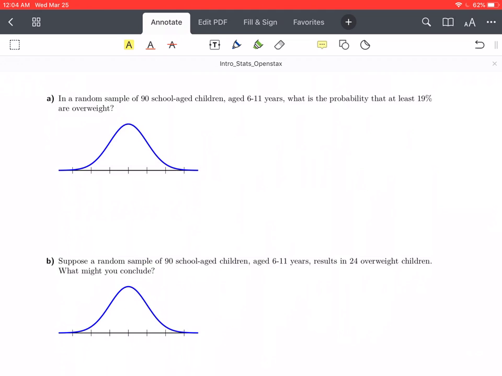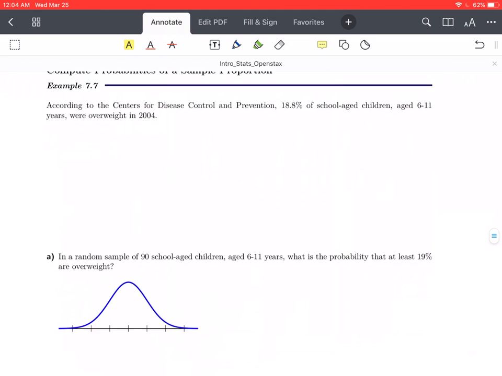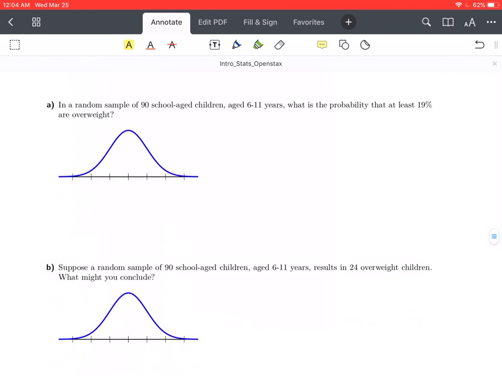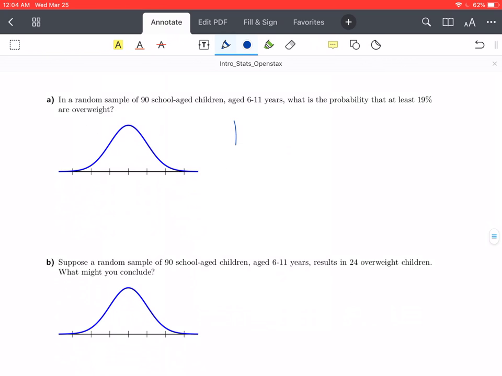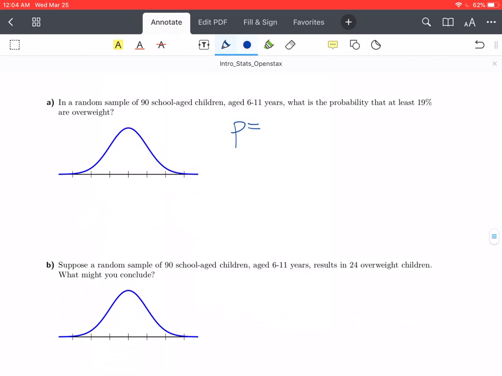All right, so we have, first of all, our value for P is 18.8%, right? So P is 0.188. That's 18.8%.